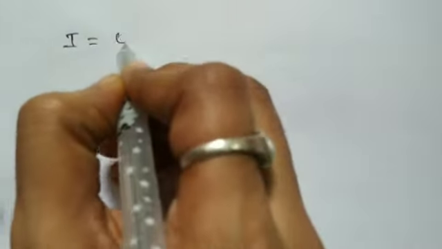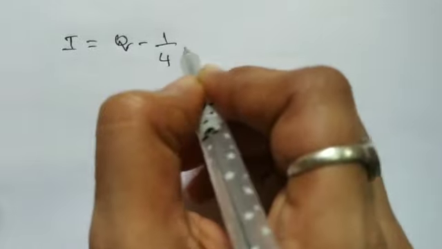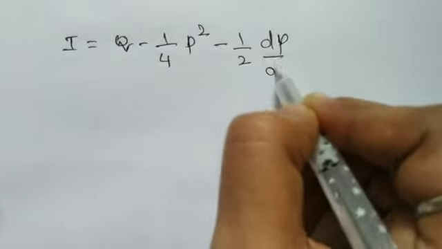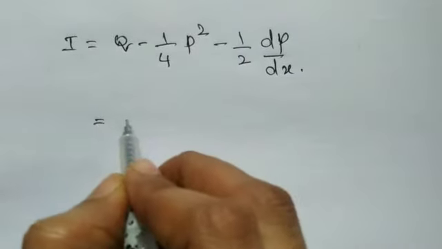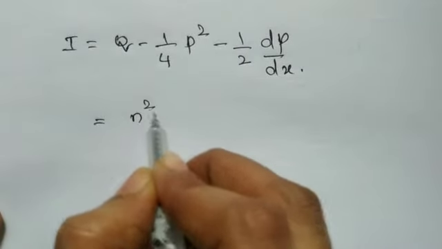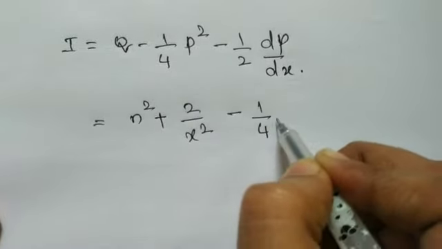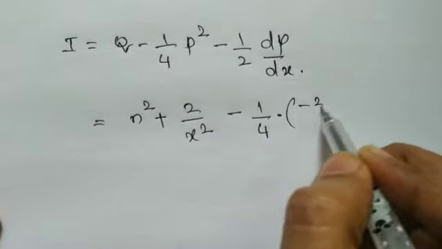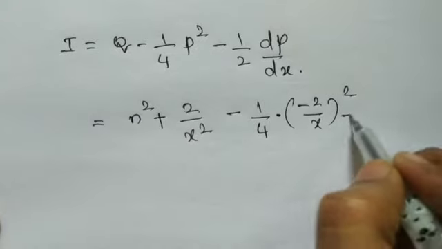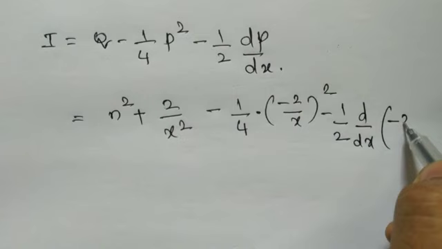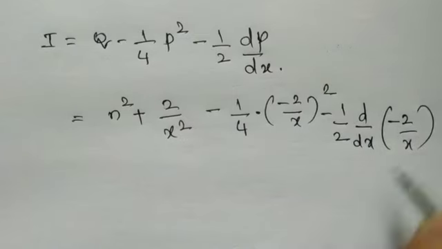So I equals q minus 1 by 4 p square minus 1 by 2 dp by dx. So q value is n square plus 2 by x square, minus 1 by 4 into p square, that is minus 2 by x whole square, minus 1 by 2 into d by dx of p, that is minus 2 by x.